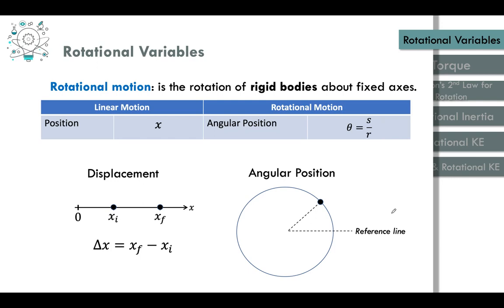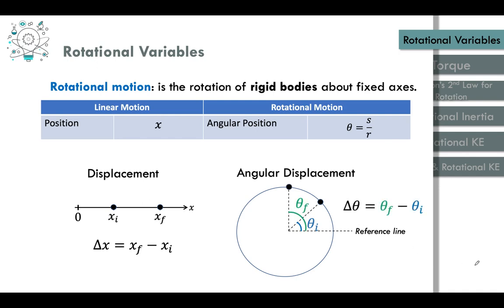In terms of angular position, we're taking the initial angular position and we are subtracting that from the final angular position, which is measured in respect to, again, the positive x-axis.